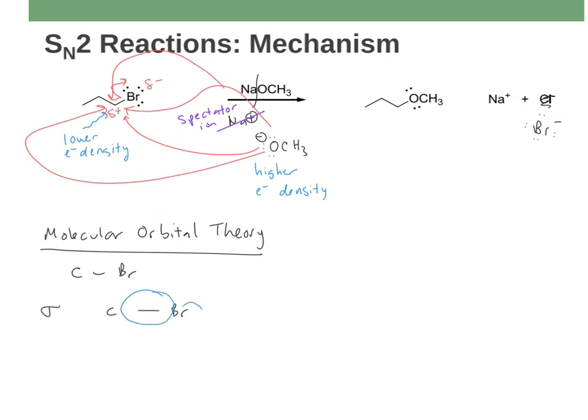I'll leave that unshaded. And then they're going to have two lobes on either side that are shaded. And that would be for your sigma, which is going to be filled. That's going to have the two electrons in it.